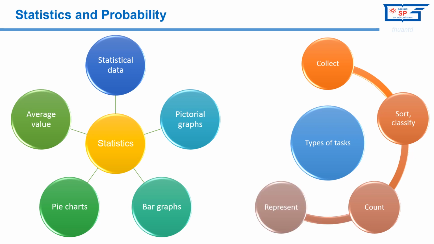Choose how to represent statistical data in the form of a data set, table, pictorial graph, bar graph, or pie chart. Teachers should note that students in grades 3 and 4 do not need to draw bar graphs or pie charts.